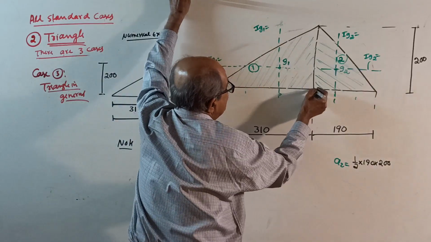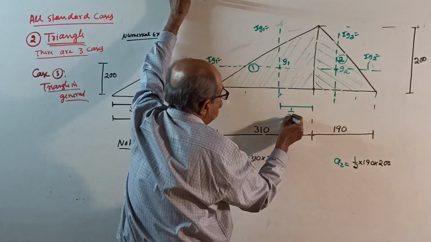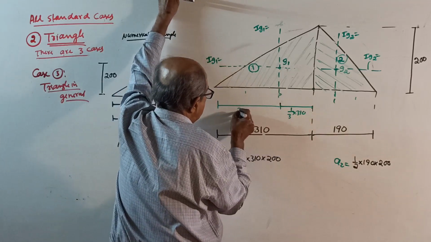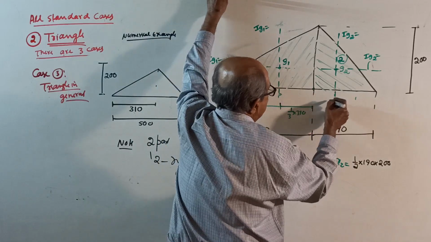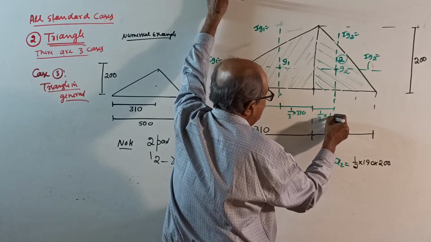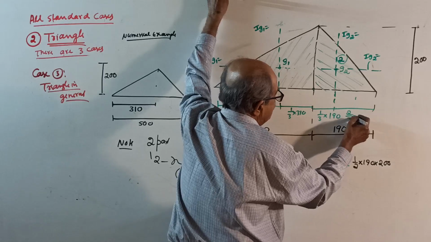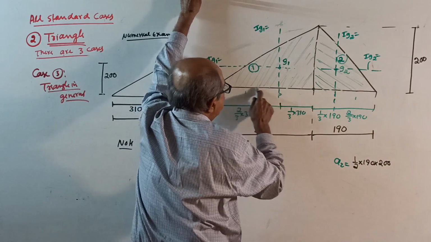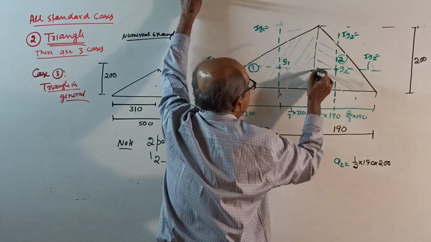Don't see that side. This distance is how much? 1/3 of 310. This distance is 2/3 of 310. Here, this distance 1/3 of 190. This is 2/3 of 190. In this way, for the base and height, height-wise, three parts.